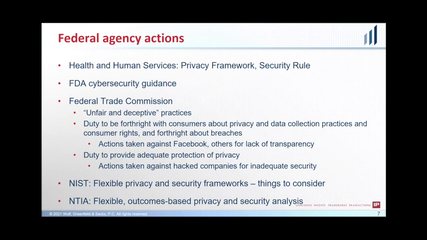They are tasked with regulating companies and ensuring that they are not doing anything that is unfair or deceptive for consumers. And that's a relatively broad mandate, broad instruction from the law. And they've interpreted that in recent years to apply to data privacy and adequacy of protections for data privacy.